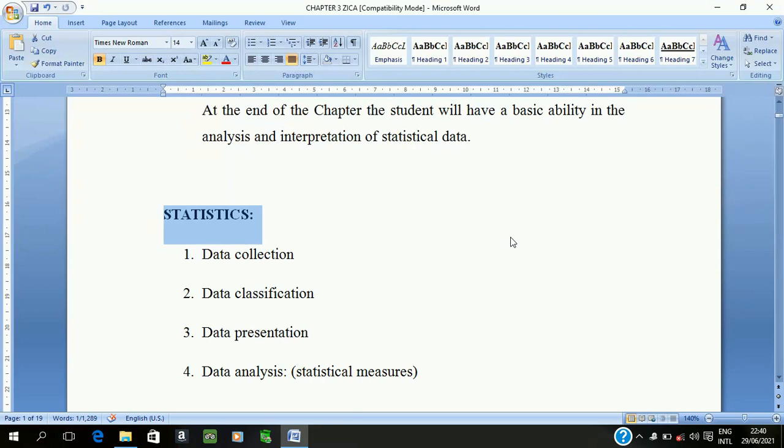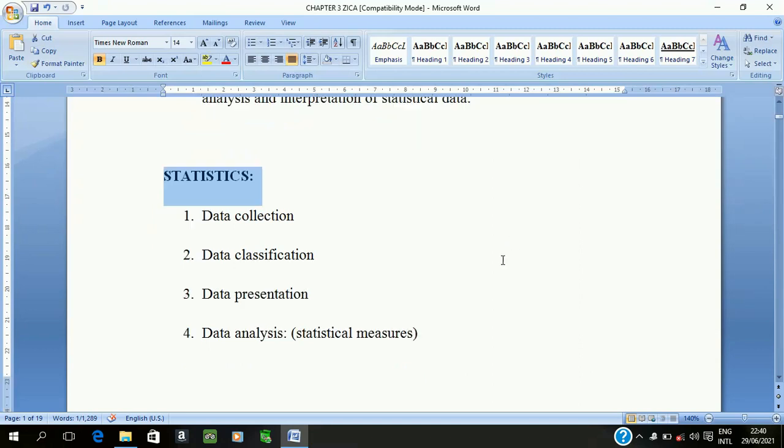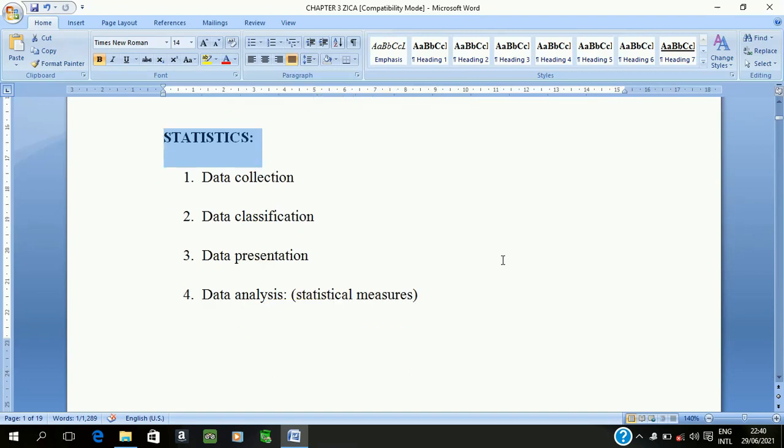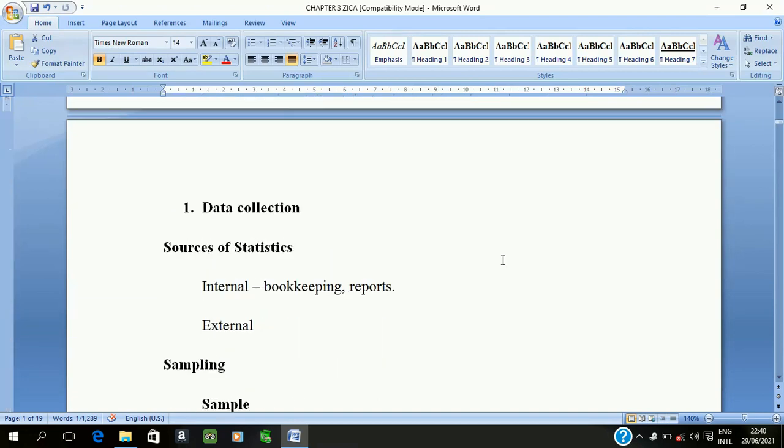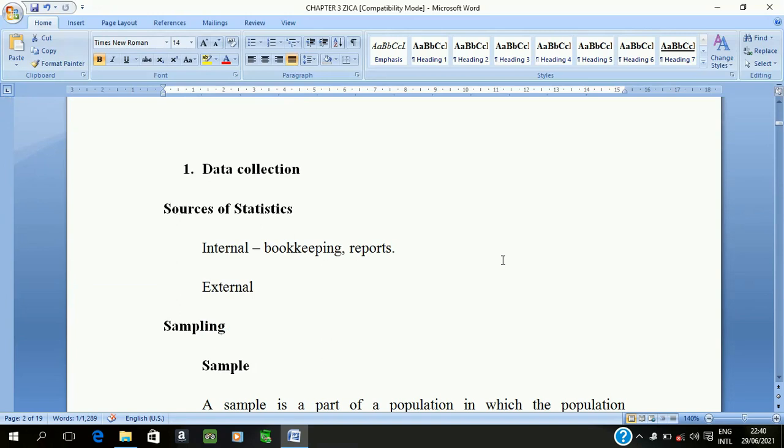These are measures of centrality (mean, mode, and median), measures of dispersion, and measures of skewness. In this particular session, we'll introduce the statistical measures, that is, we are going to look at measures of centrality. So let's start with the first part.